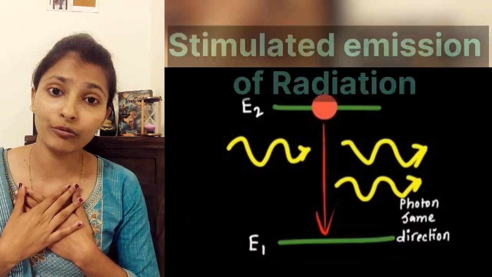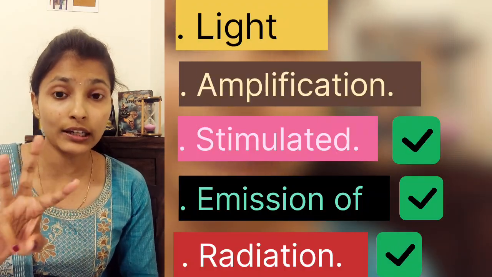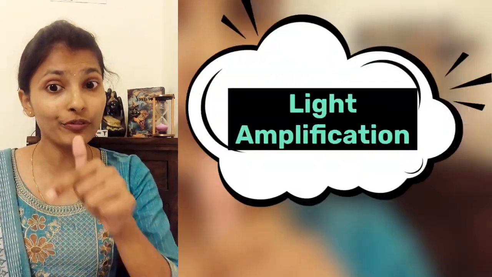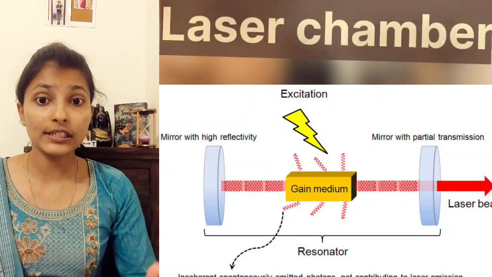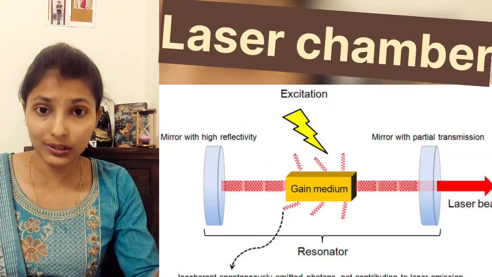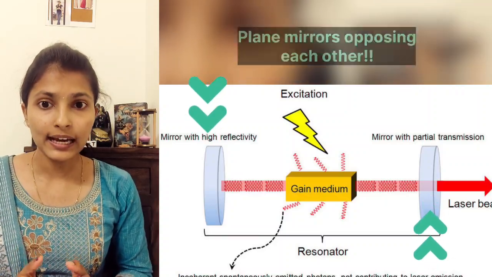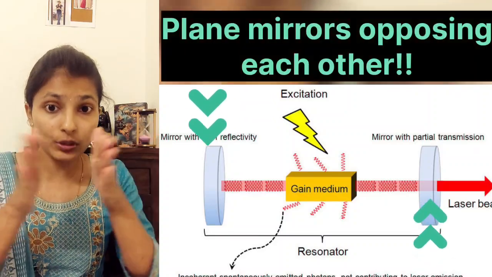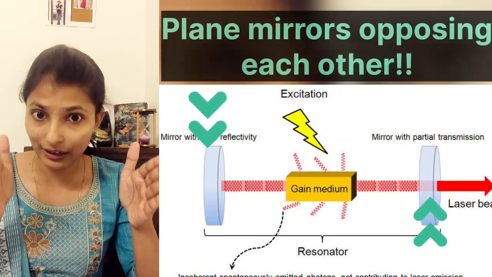Now we got to know the meaning of the last three words of laser. Now we will see the meaning of light amplification. We all know the procedure: the laser is produced in a closed container. Coming to the walls of that container, two walls opposing each other have plane mirrors which are parallel to each other.